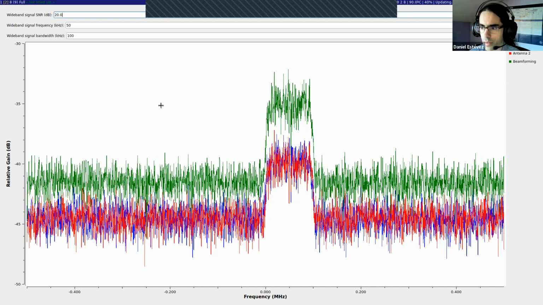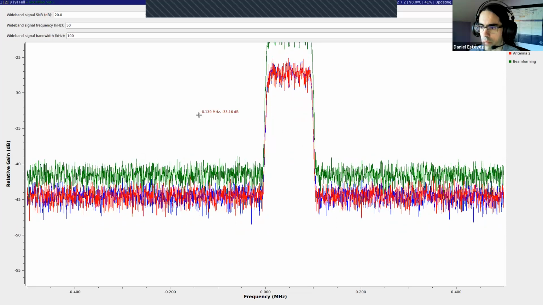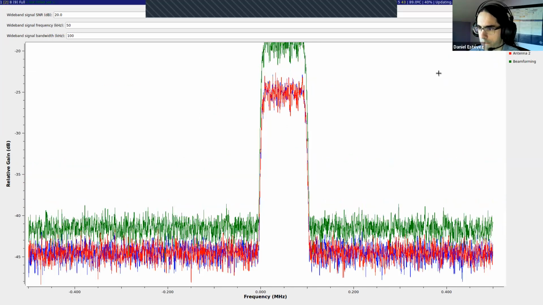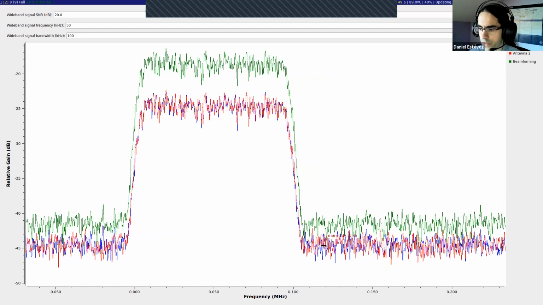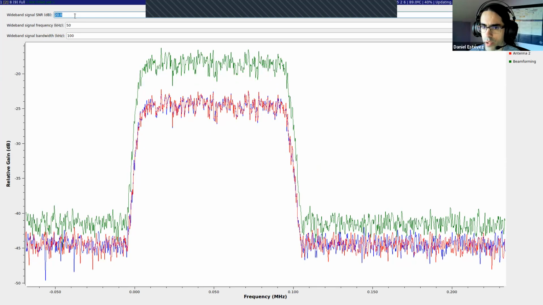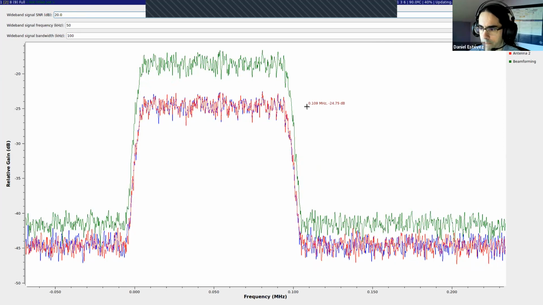And to do it better, what I can do is just make my signal much stronger for the time being. And then what happens is, now I can ignore the noise power because the signal is 100 times, so 20 dB is 100 times stronger than the noise.